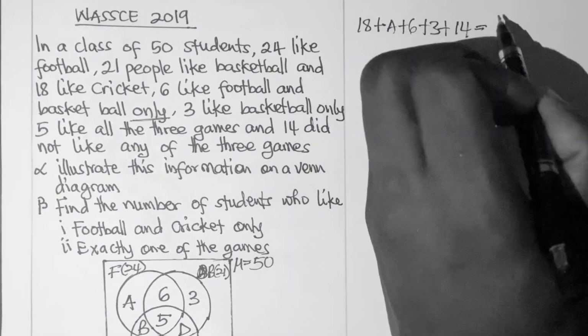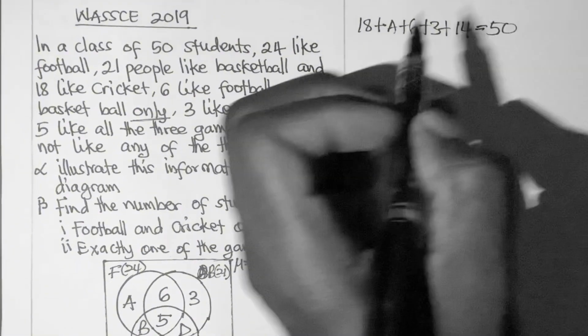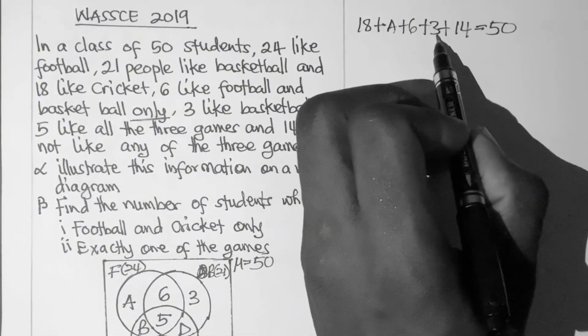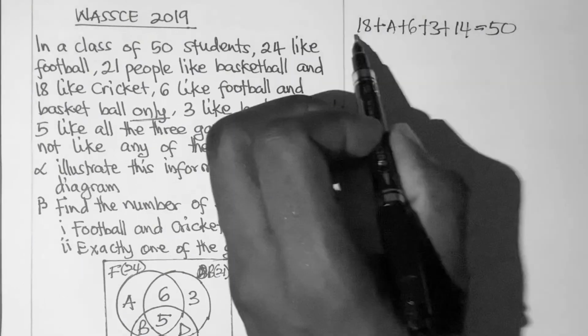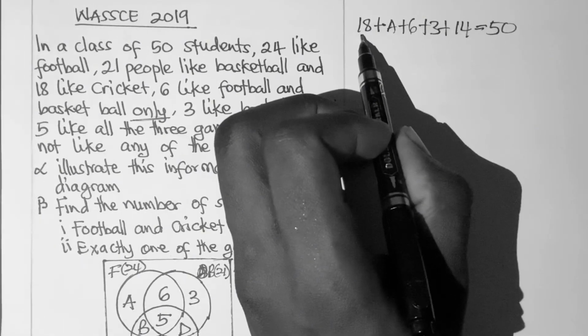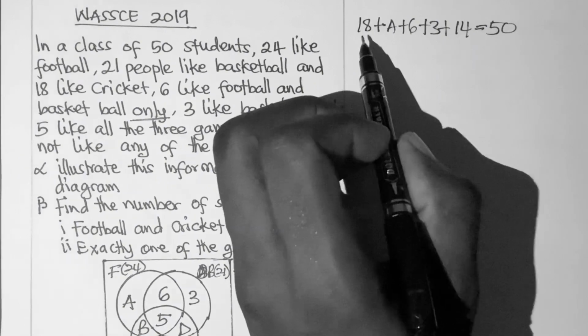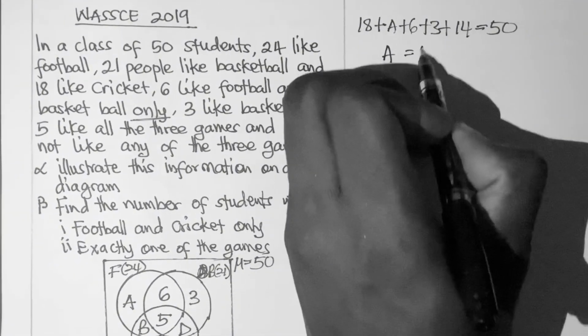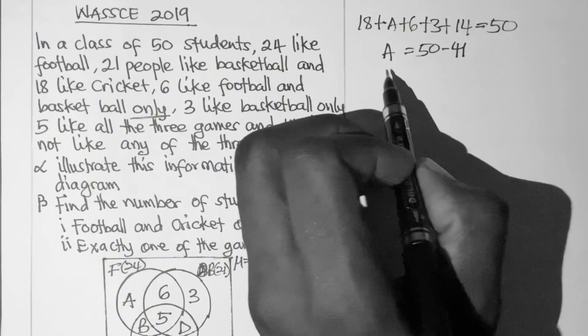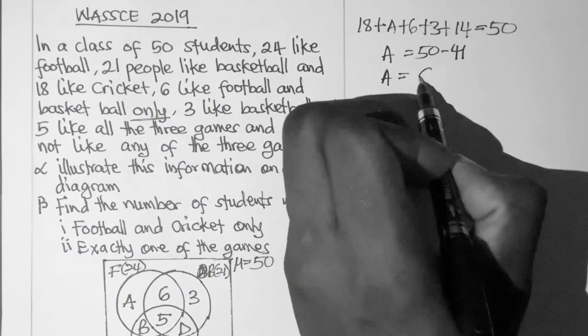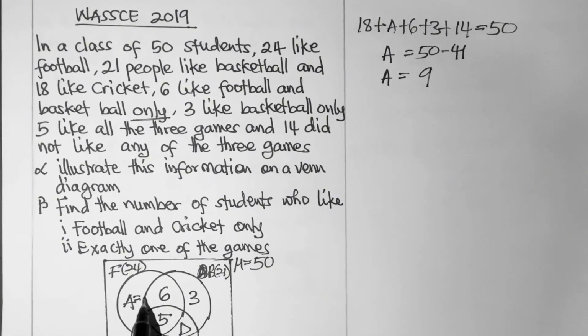That is equal to 50. So 6 plus 3 is 9. 9 plus 14 is 23. 23 plus 18 is 41. So A is equal to 50 minus 41. Sorry, it was 41. So A is equal to 9. So here's A equals 9.